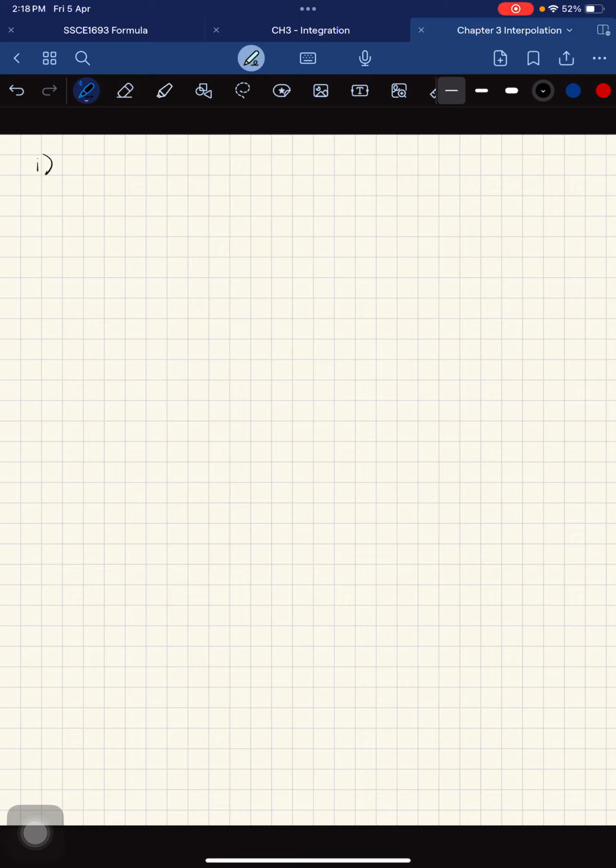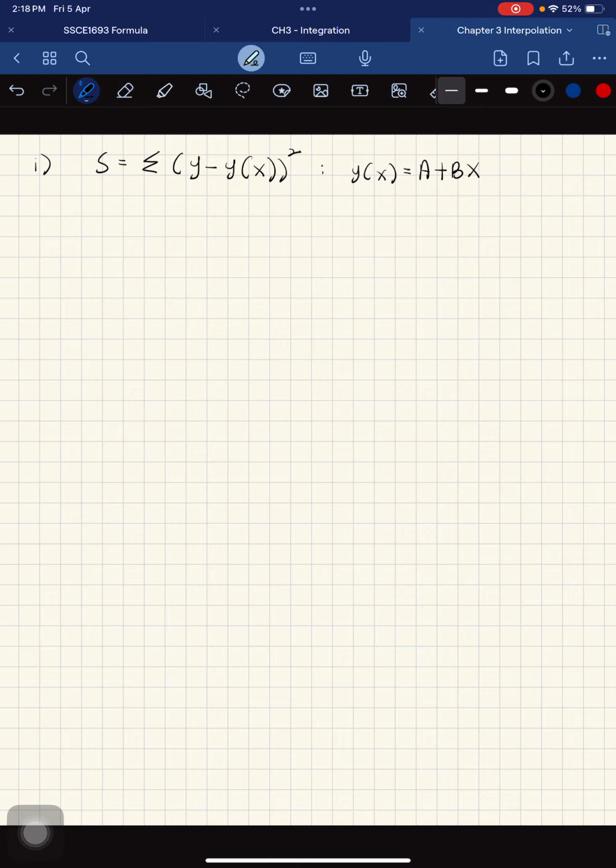Question number 1. So S equal to summation (y minus y(x)) squared. Okay. And then because this one is linear, y(x) equal to a plus bx, and then we substitute into the formula for S, so summation (y minus a minus bx) squared.